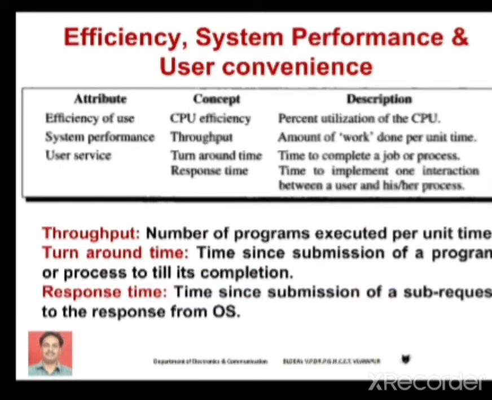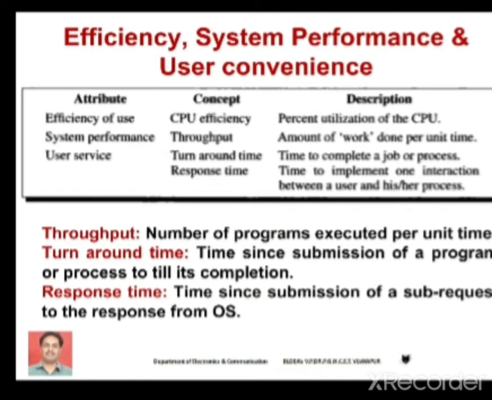Okay students, next we have a topic called efficiency, system performance and user convenience. Here we are going to discuss some of the parameters with respect to these topics. Okay, first, if you consider efficiency of use, generally we use the term efficiency for the CPU. We'll calculate efficiency of the CPU.